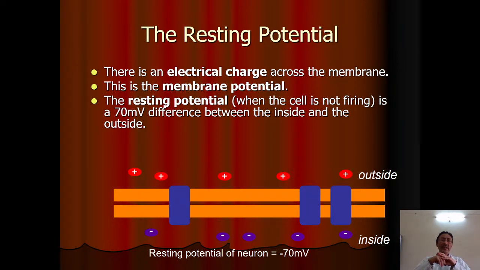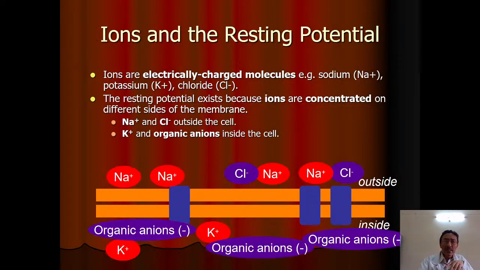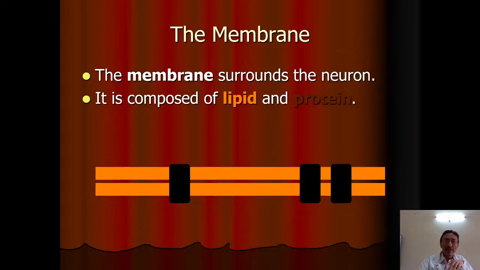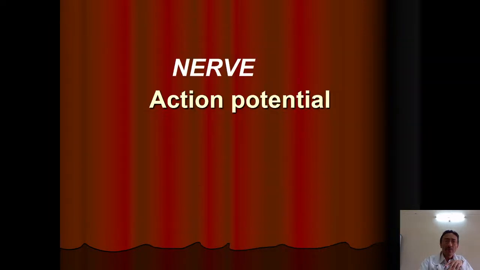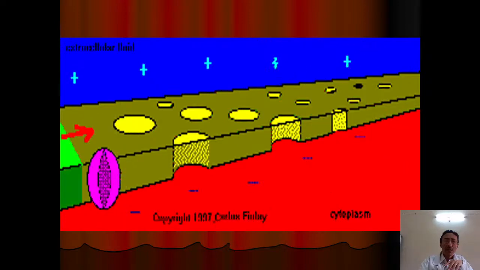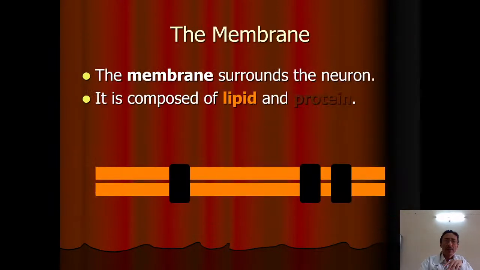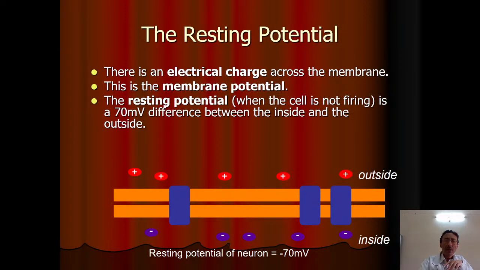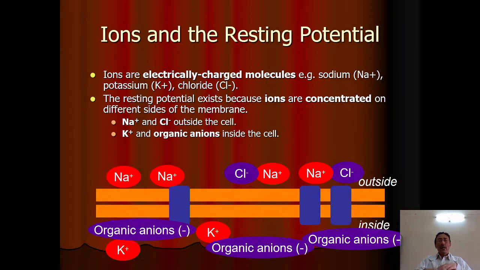Now briefly I will tell you how this resting membrane potential is developed. When we see the ionic concentration, as you see on the slide, it is self-explanatory that on the outside there are more sodium ions and on the inside there are more potassium ions, and in addition there are other negative charges, which are chloride ions.